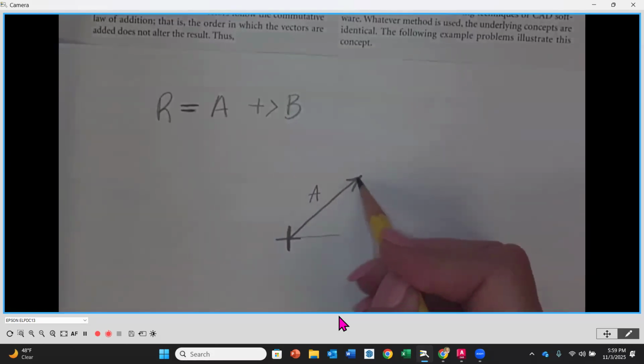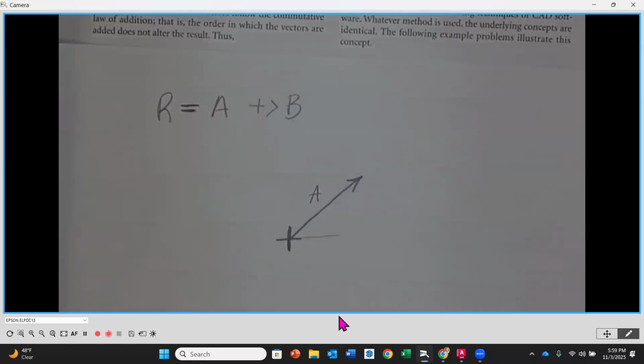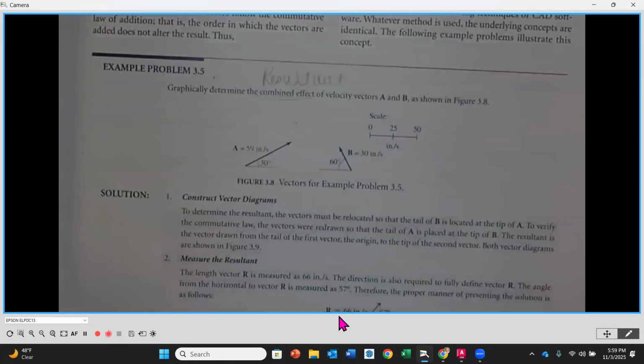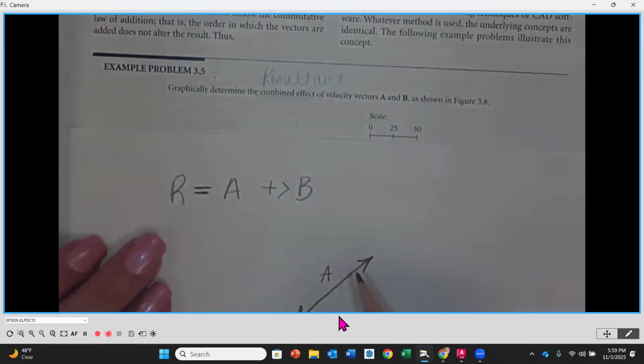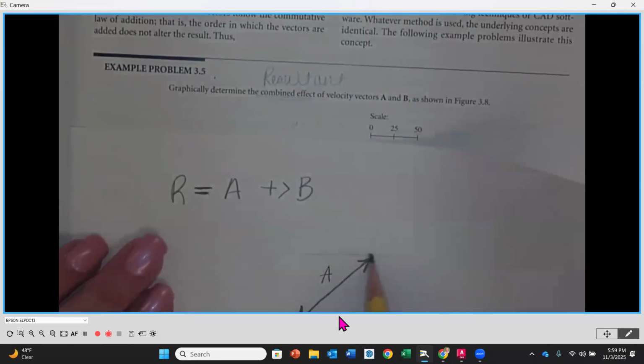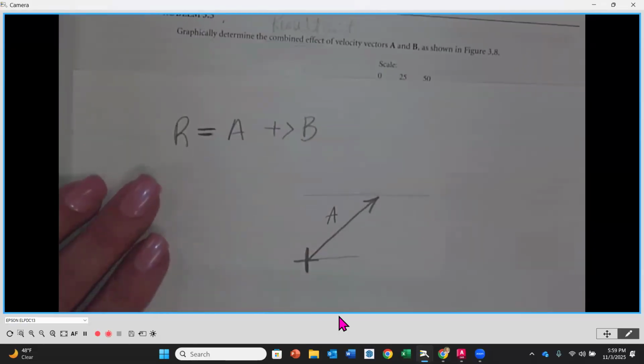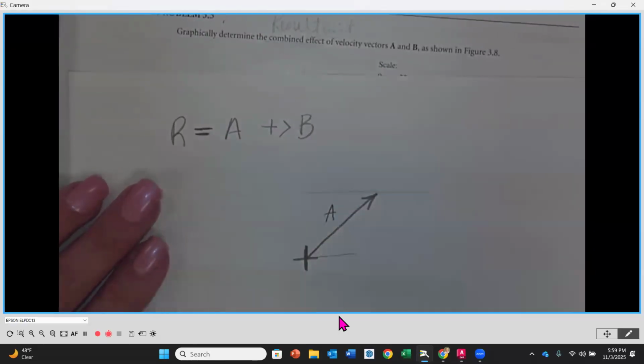Then we're going to add, tip to tail, our next vector. So you'll know that we have vector B. This is 30 inches per second, and it's at a 60-degree angle from horizontal. So if I just draw this in here like this, you're not going to be drawing that in there, but I just want to show you the orientation.